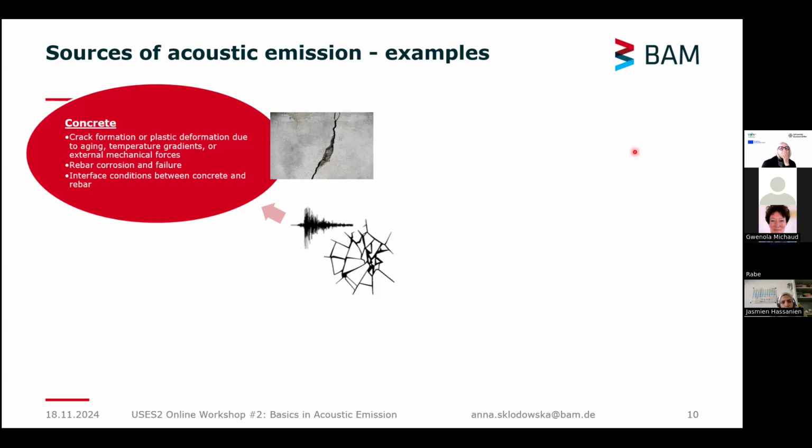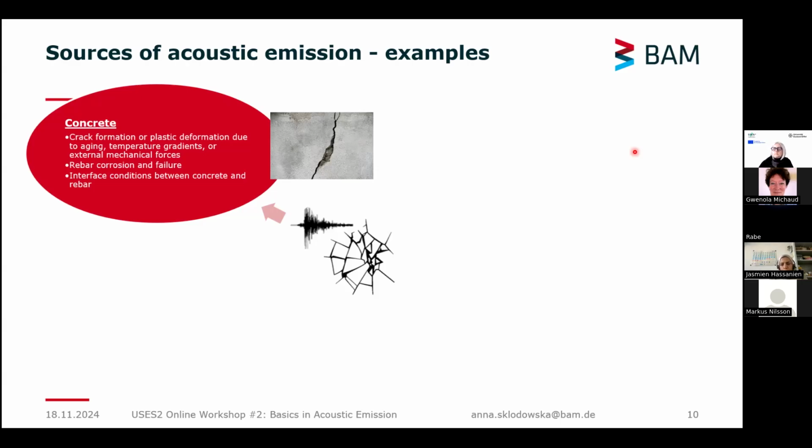And in concrete, acoustic emission comes mostly from crack formation or plastic deformation due to aging, temperature gradients, or external mechanical forces. For example, also rebar corrosion and failure, and interface condition between concrete and rebar, or, for example, in pre-stressed concrete in bridges, breakage of tendons.